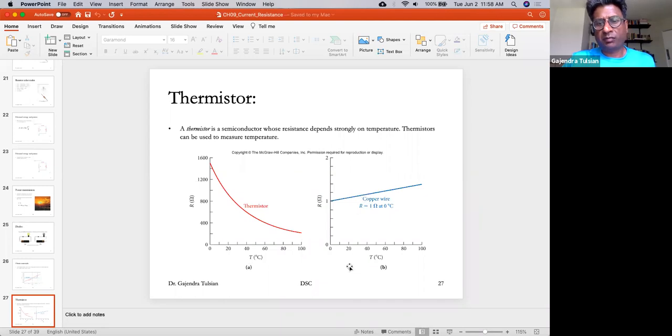Here's a copper wire, for instance. For the same temperature range, its resistance doesn't change much at all. So a copper wire cannot be used as a thermometer too efficiently. A thermistor is a semiconductor whose resistance depends strongly on temperature. Thermistors can be used to measure temperatures.